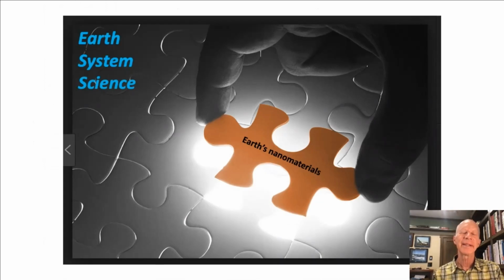I got even more serious about this. If you look at the last 20 years in the Earth system science field, I always felt that a lot of pieces of the puzzle have been put in place: the atmosphere, the hydrosphere, the rocks and minerals, the soils where all the clays are, or most of them, the rivers, the groundwater, the ocean water.